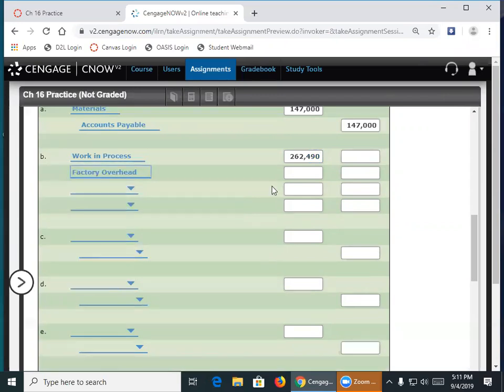A debit to factory overhead for the actual indirect materials and indirect labor of 29,160.